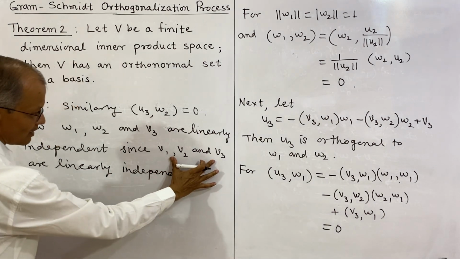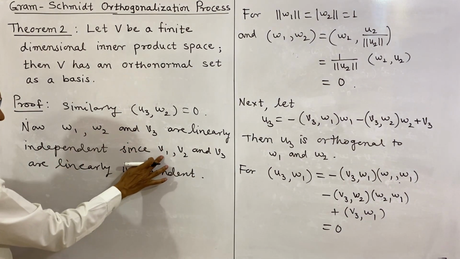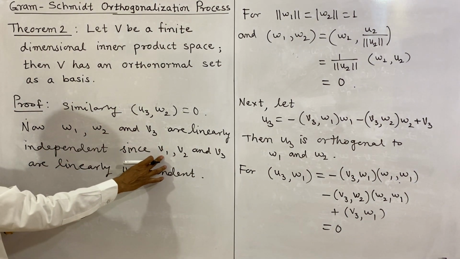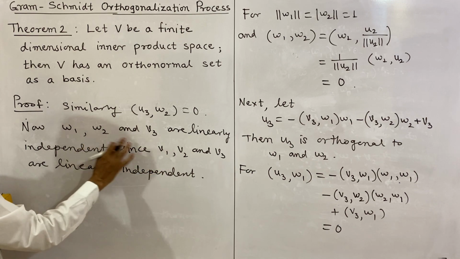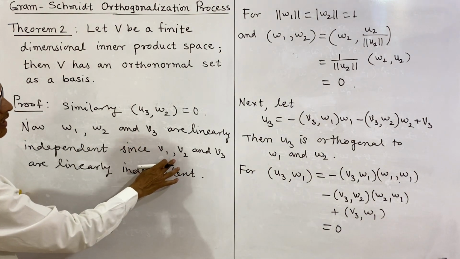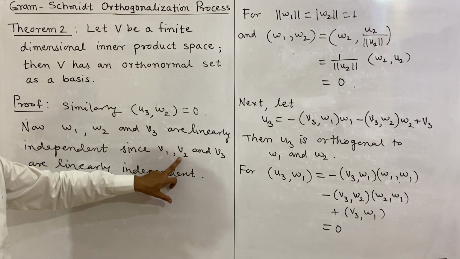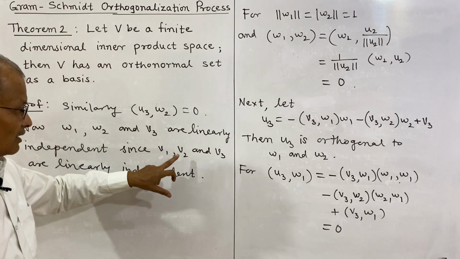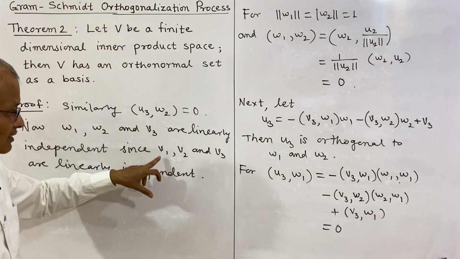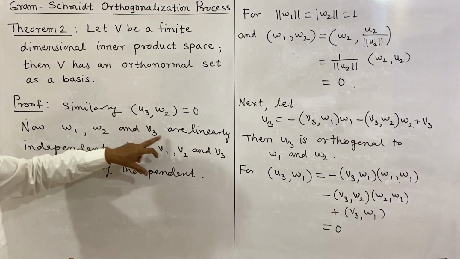Because these are the elements in the basis, they are linearly independent, and W1 is a multiple of V1, W2 is a combination of V2. So we have expressed W2 earlier, and that is a combination of V2 and V1, that is W2. So therefore these vectors and V3 are the same.